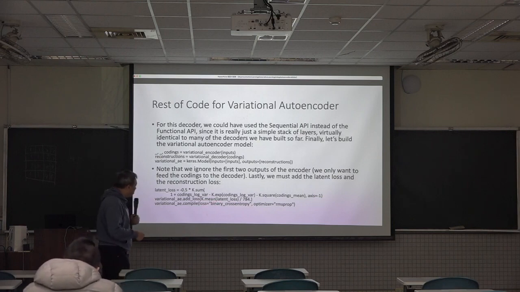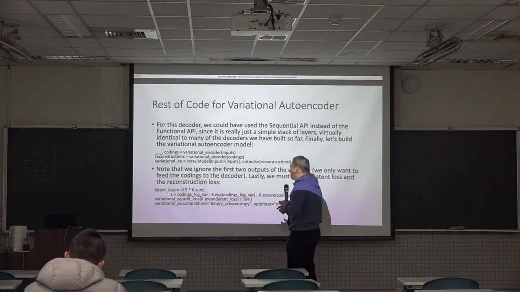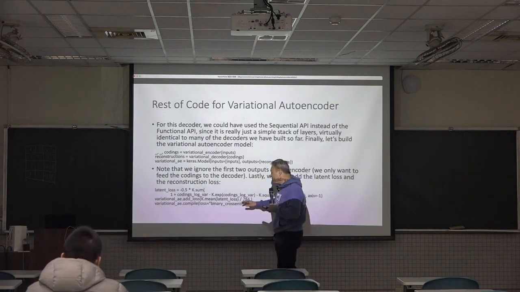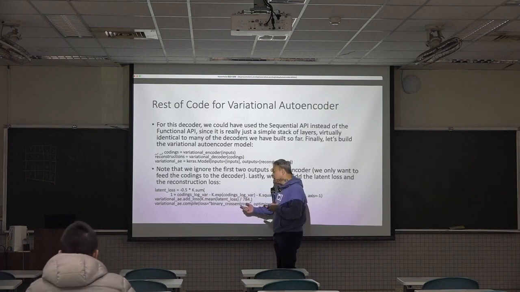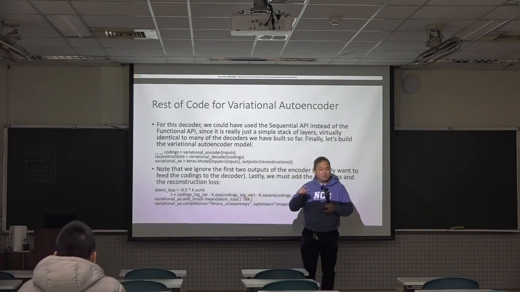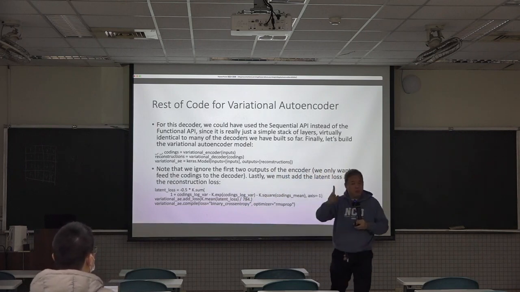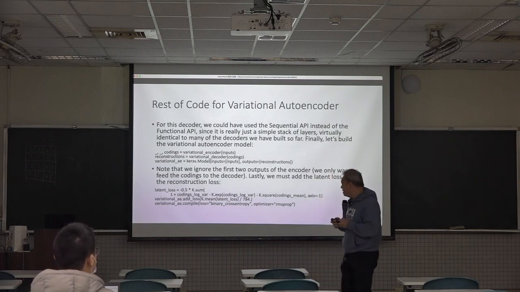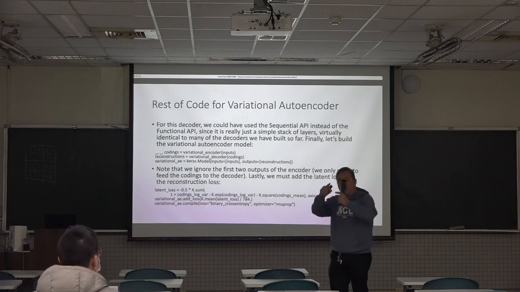But one thing you probably want to notice is that the reconstruction loss is a binary cross entropy, and the binary cross entropy is computed for each neuron. But this latent loss, when we calculate it, is actually for the whole picture.